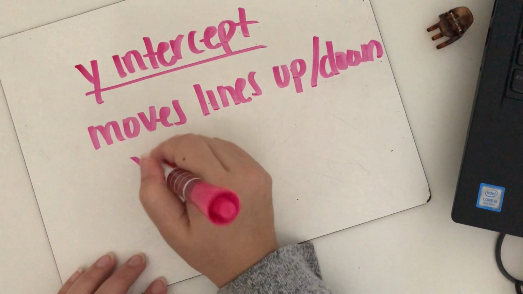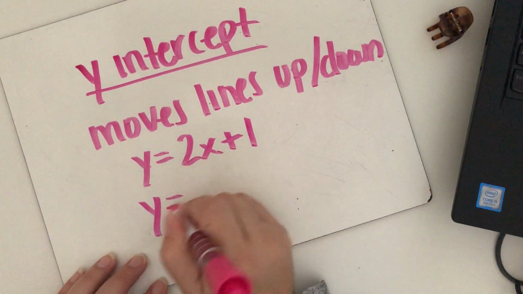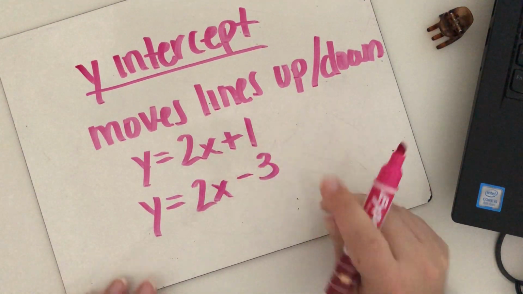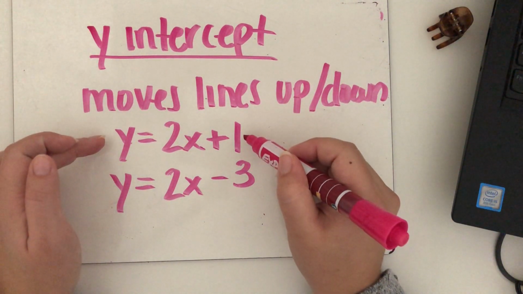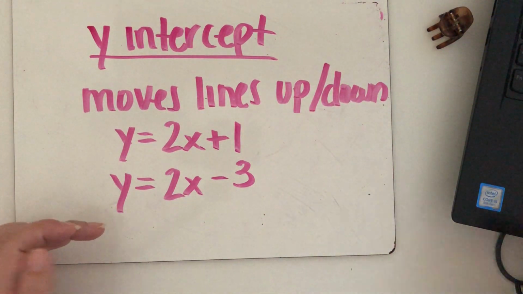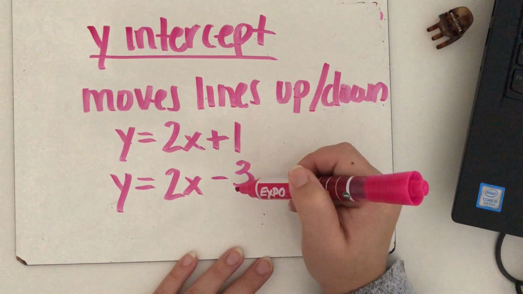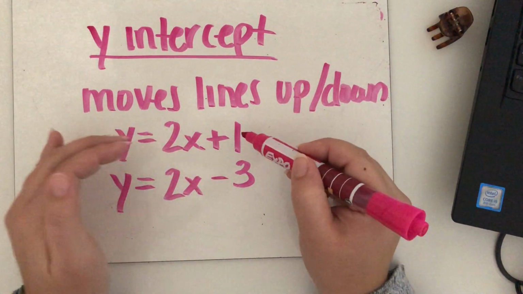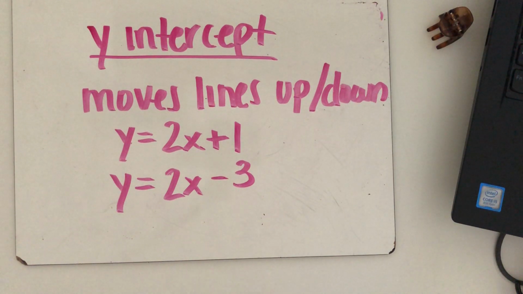So let's say that I had y equals 2x plus 1, y equals 2x minus 3, okay? So I transformed this line by moving it down 4 units. Because notice, from 1 to -3, that's a distance of 4 units down. So this line transferred down 4 units. So that's how you would go ahead and describe those.